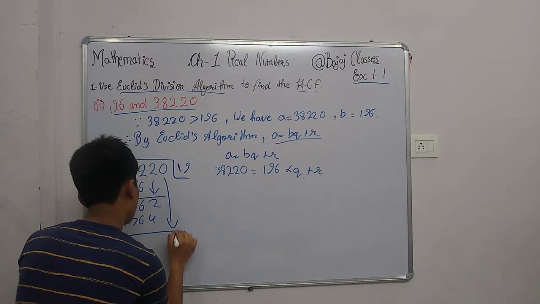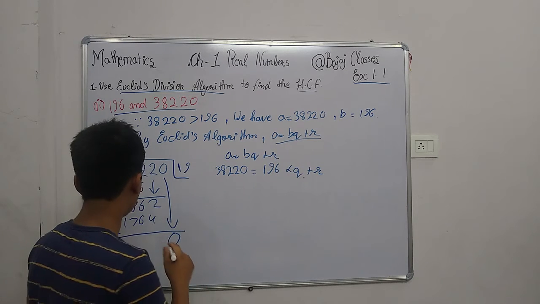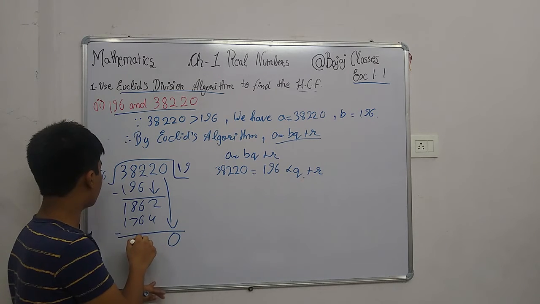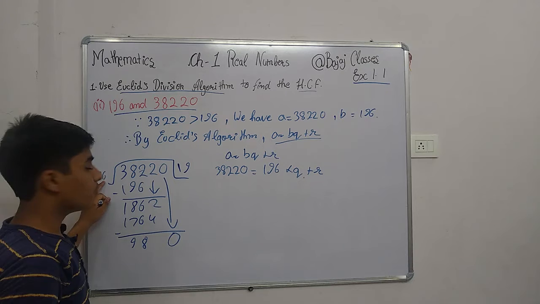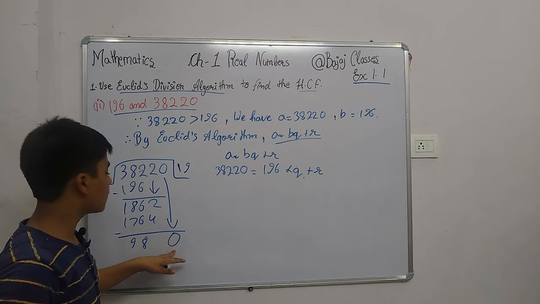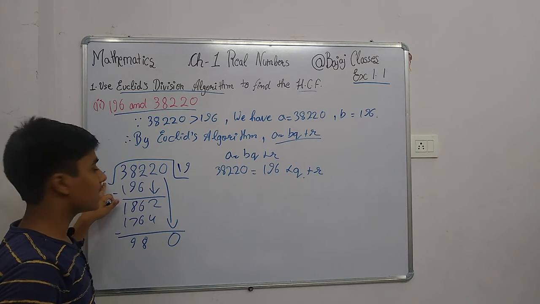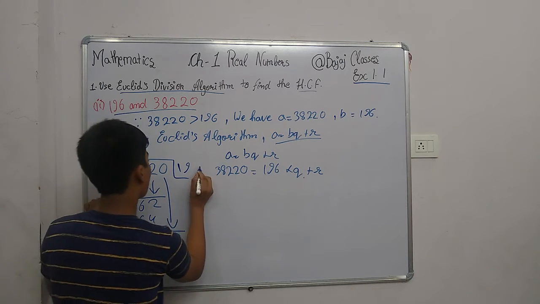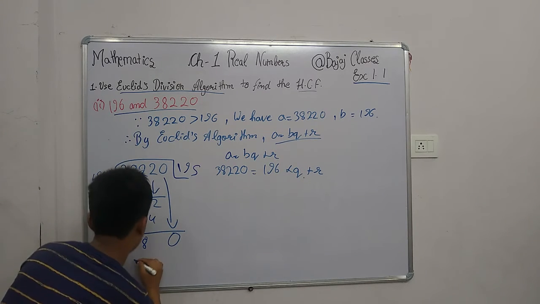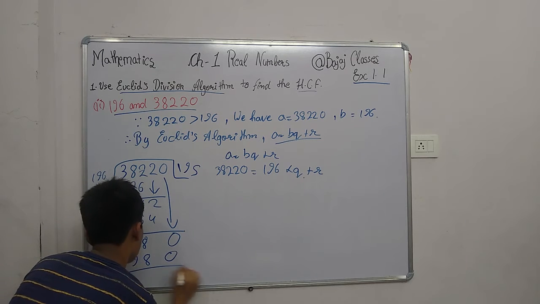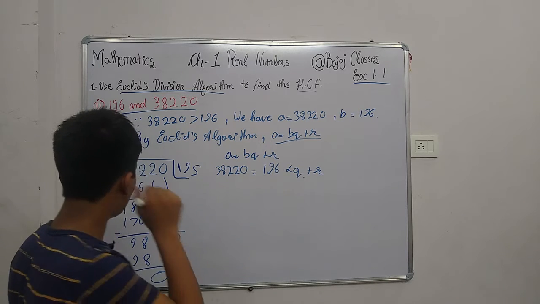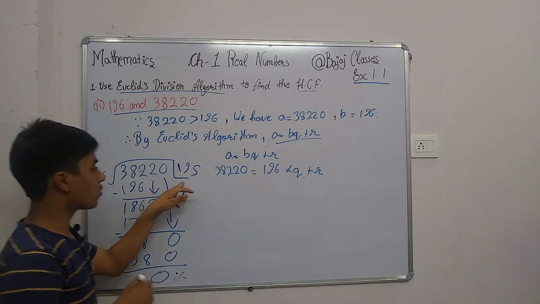Now bring 0 down, and it will be 980. Now we have to multiply 196 by 5 so that the ones place gives 0. 196 into 5 is 980. Now the remainder is 0. Now we got our quotient equals 195.